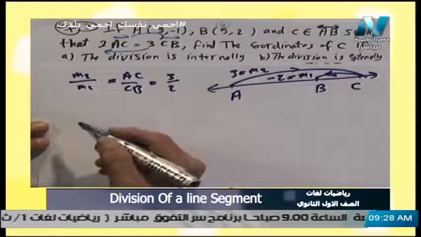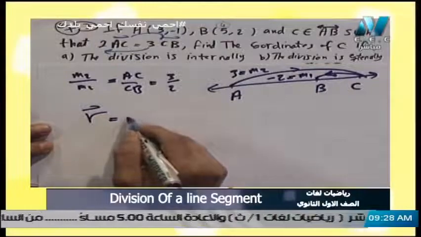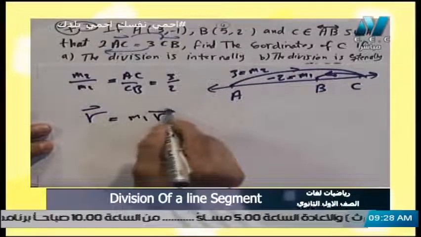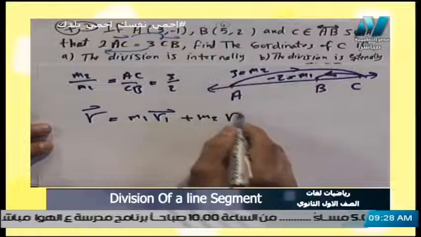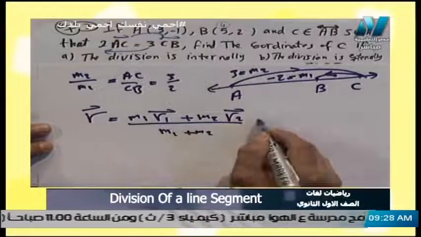By applying the rule, we have R equals M1 R1 plus M2 R2 over M1 plus M2.